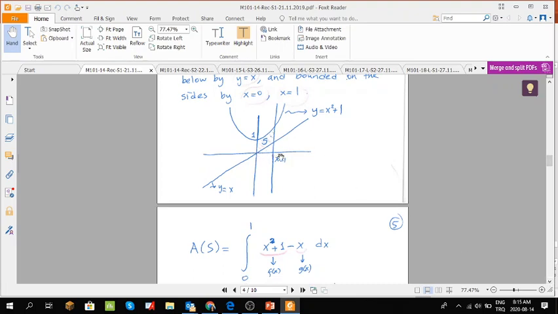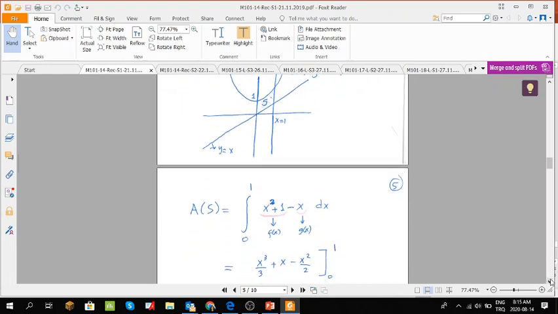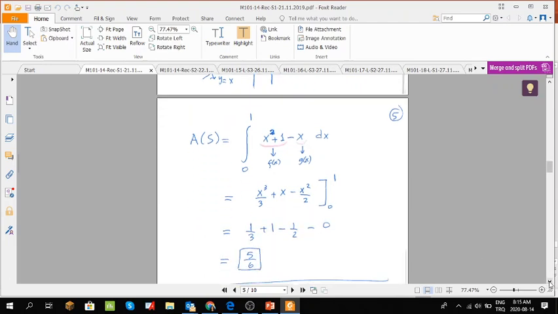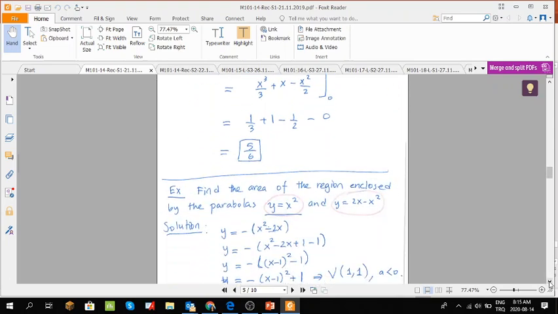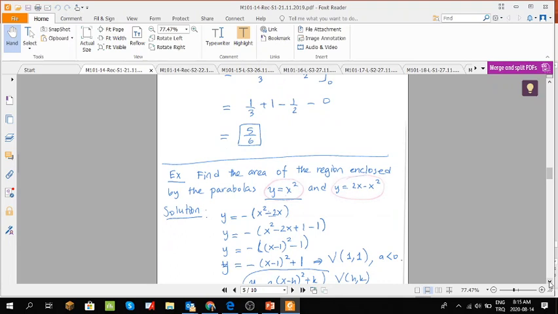The interval is 0 to 1, and the top curve is y equals x squared plus 1. The bottom curve is y equals x. We have to take the difference, the integral from 0 to 1 of x squared plus 1 minus x dx. This is the area. We just apply the power rule and find the result, and the result is 5/6. So I'm not going to go into details of how to do the power rule.